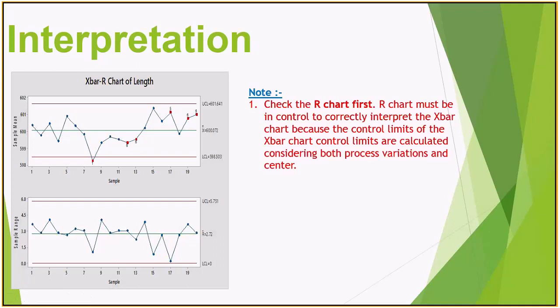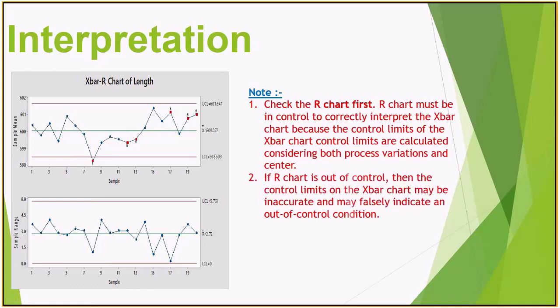So that's why your R chart, or the range chart, should be in control. If it is out of control, then there is no point in going and checking your X bar chart, because there are chances that the X bar chart will give you inaccurate values, because the control limits of your X bar chart may be inaccurate, because your range chart is not stable or not in control, right?